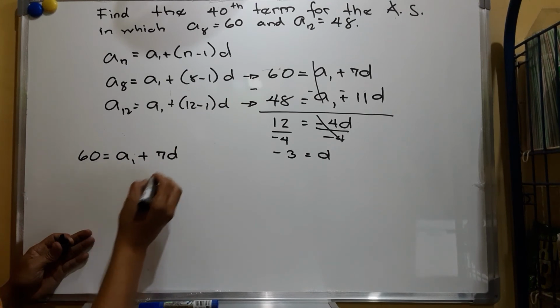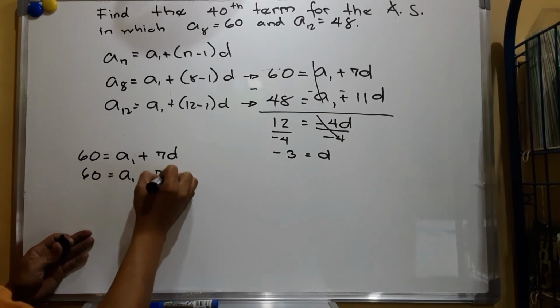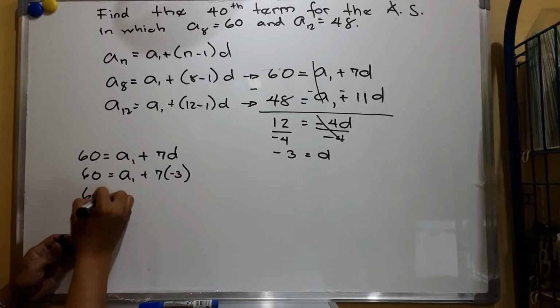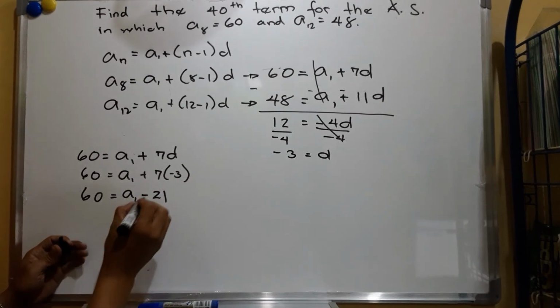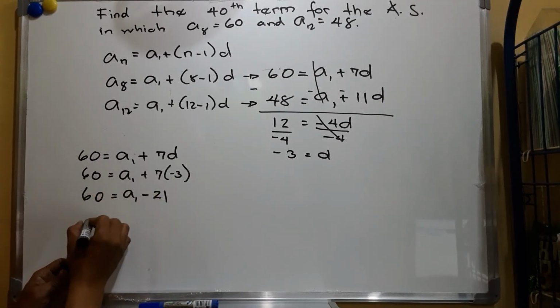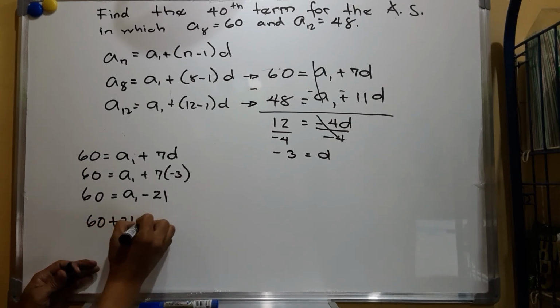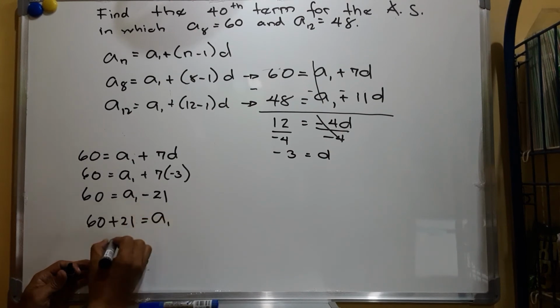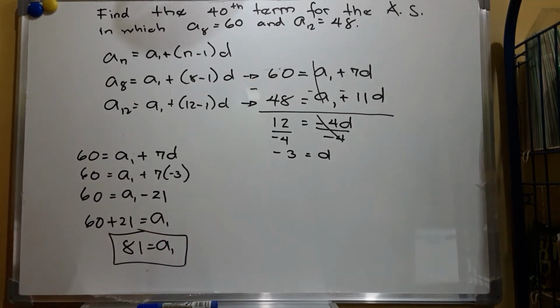So, 60 is equal to a sub 1 plus 7 times negative 3. So, 60 is equal to a sub 1 minus 21. Solving for a sub 1, 60 plus 21 is equal to a sub 1. Therefore, we can conclude that a sub 1 is 81.